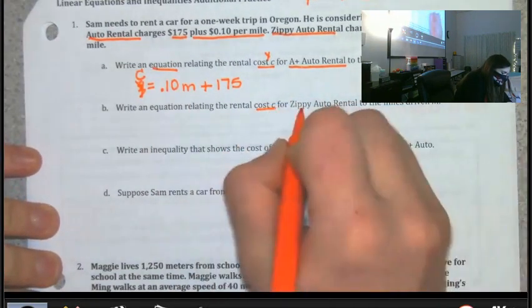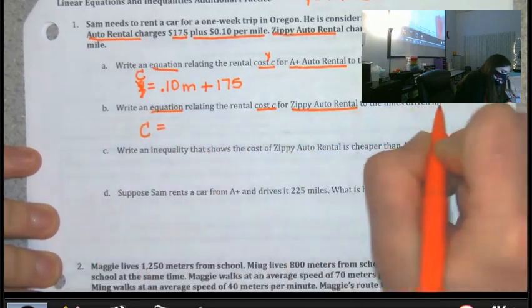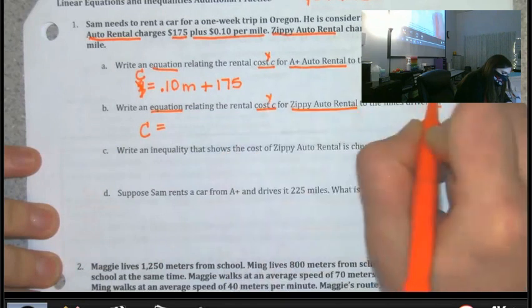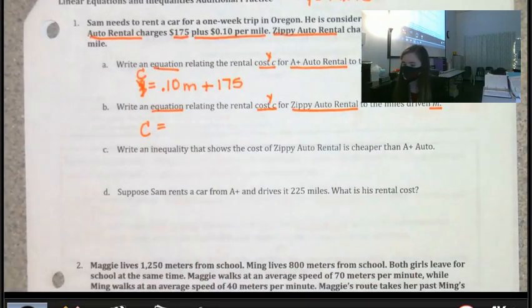All right, take 2 seconds and find me my equation for Zippy Auto. Take 2 seconds.